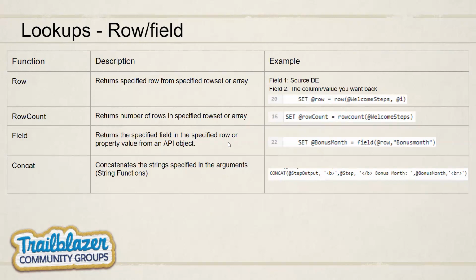Field helps you identify the fields within those rows that you want to output for your personalization. And concat gives you a way to combine variables and text into a variable that you can output if you're looking to output multiple rows. We'll go through that in the demo as well.